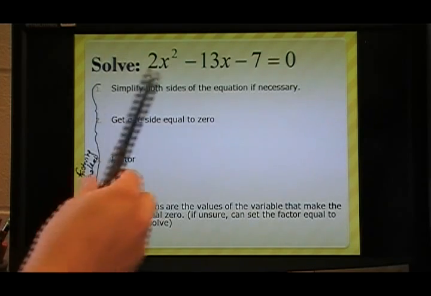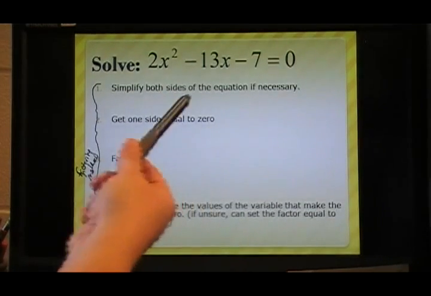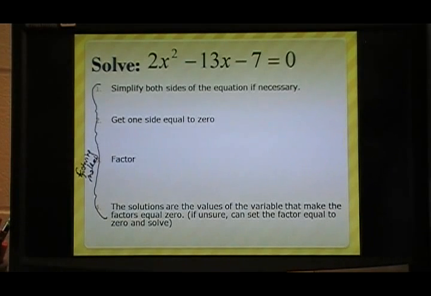When I say simplify, I'm saying if there are parentheses to get rid of or like terms to combine, you would want to do that. In this case, there's no simplification. Get one side equal to 0. It's already equal to 0, so I don't need to worry about that second step. I'm already in the position I need to be to factor.